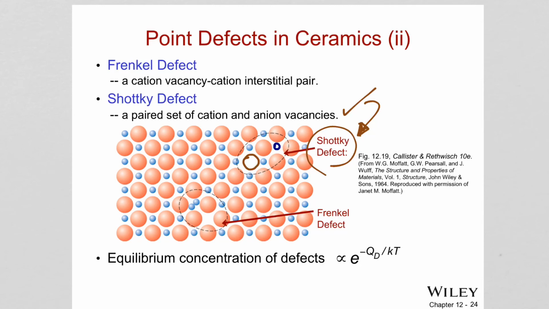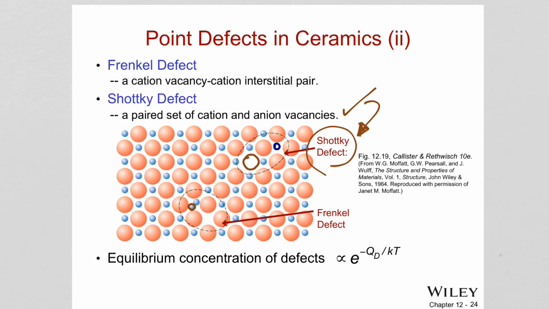In the Frenkel defect case, if there is a vacancy of the cation, it has to show up somewhere else in order to preserve the charge neutrality, and it is somewhere here, right? So it still needs to be in the structure, but it goes to an interstitial site. This way the charge neutrality is still preserved.